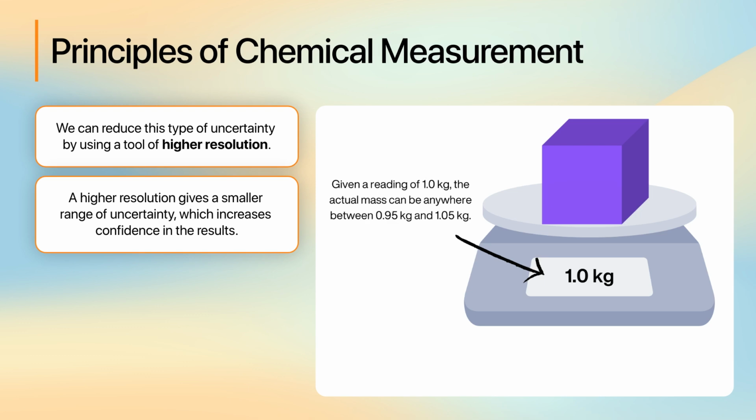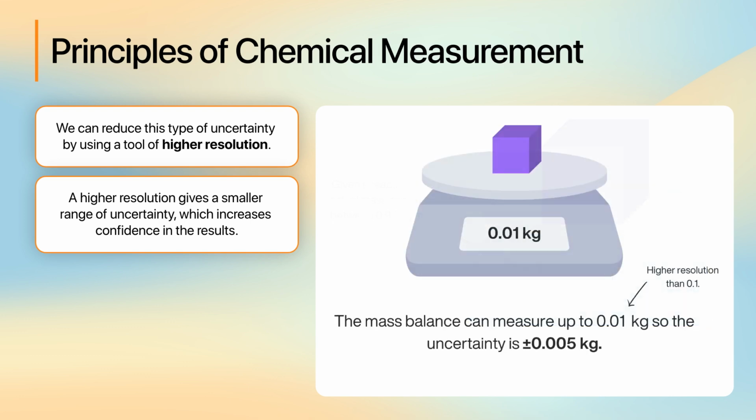Similar to analog devices, this uncertainty can be improved by using an instrument of higher resolution, for example, a scale that measures to 0.01 kilograms. Being aware of sources of uncertainty is crucial for accurately interpreting and communicating our experimental results.